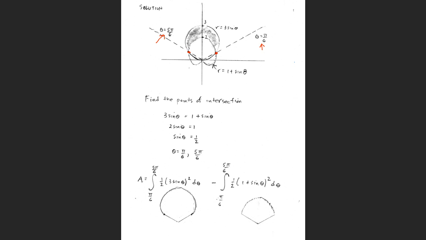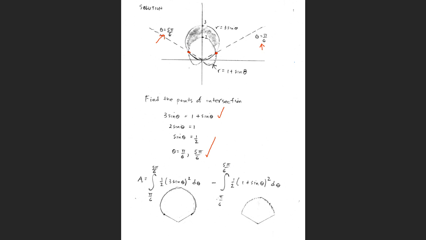Now, I'll tell you how I get that, and then I'm going to stop for a minute so you can copy. You set the two equations equal to each other, and the sine of theta equals a half. That's true when theta equals pi over 6 and 5 pi over 6.